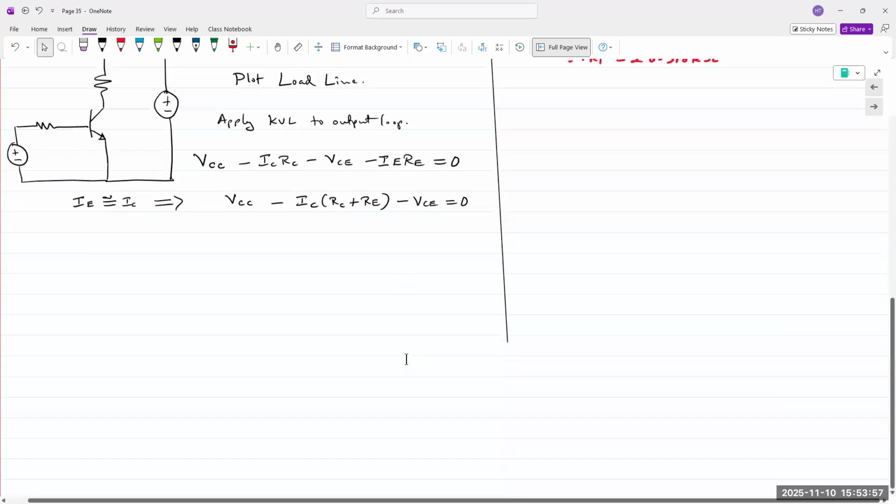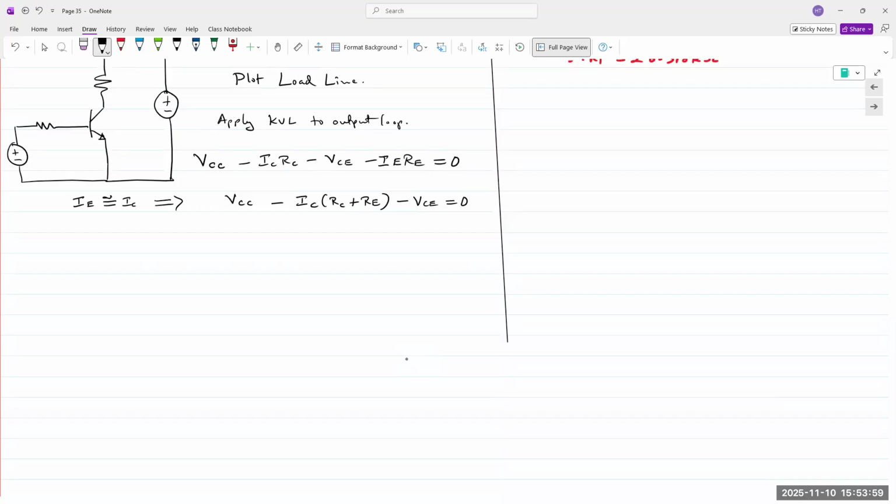Now that we have our equation, find the two endpoints of the line, find the intercept of the x-axis and the y-axis. So if IC is equal to 0, which means y is 0, what's the value for x? X value VCE is equal to VCC.